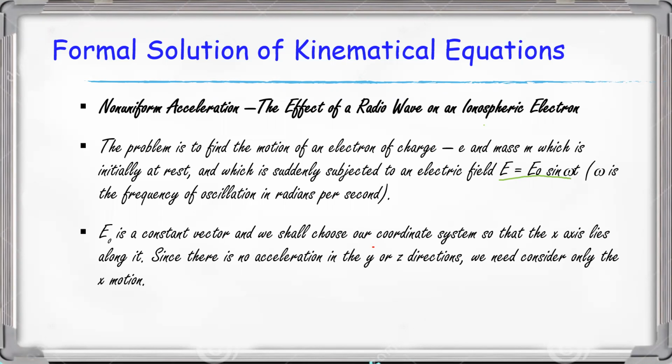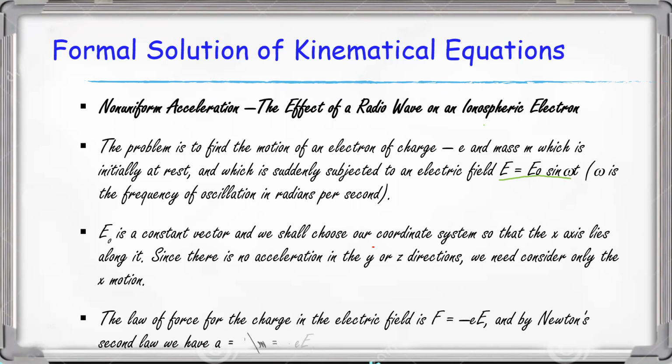Why do we take that there is no acceleration in y or z direction? It is clear from the Newton law. We know that F is equal to qE. Here the charge of this electron is minus e, then F is equal to minus e times E. And using the Newton's law, F is equal to ma.